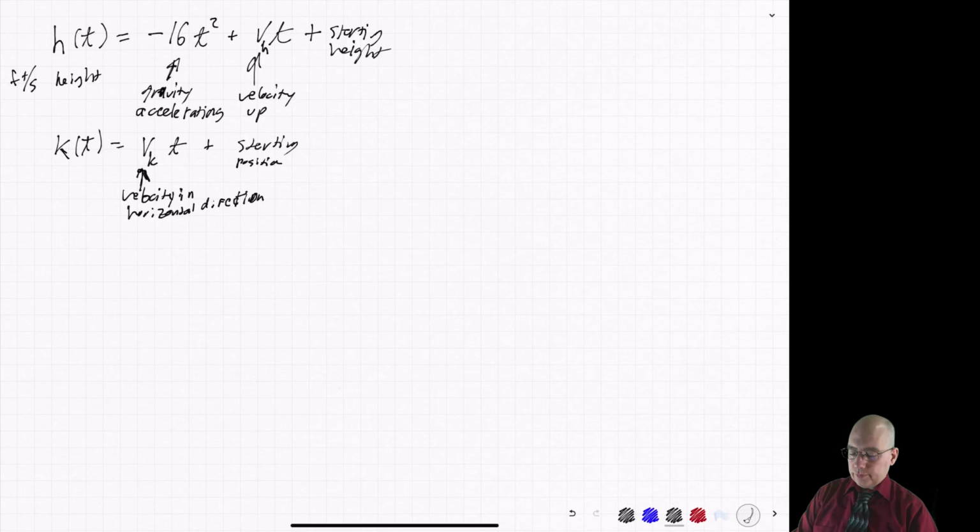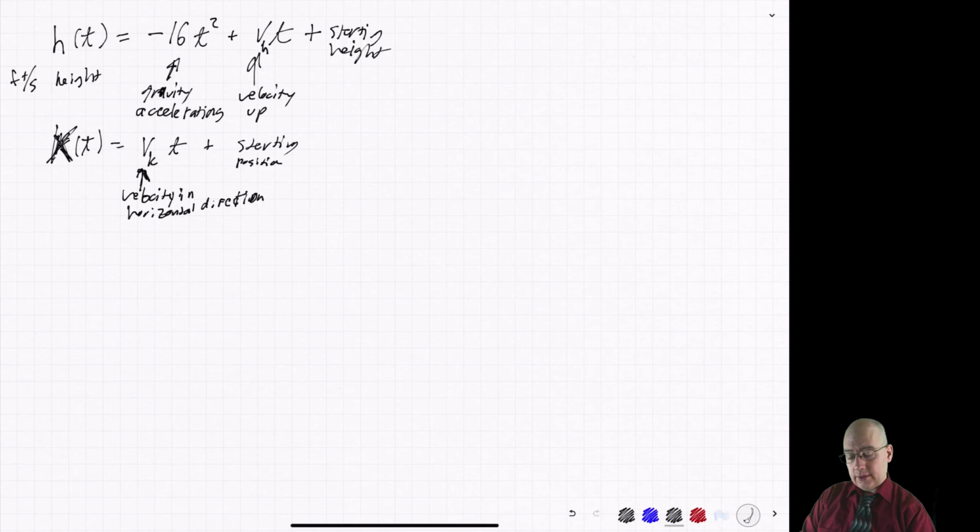Okay, I may regret these names. Actually, I could just call this x of t. Okay, more complicated. I'll just keep it k of t. All right.